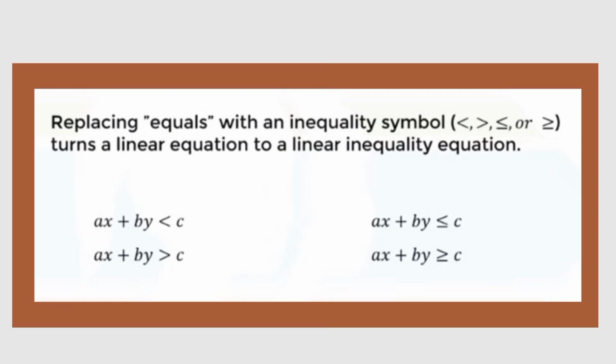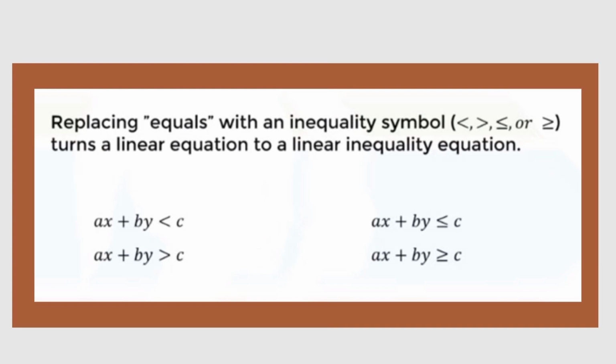In this case, the equal sign in the expressions is replaced by any of the inequality symbols, such as greater than, less than, greater than or equal to, less than or equal to, or not equal to. This turns a linear equation into a linear inequality.